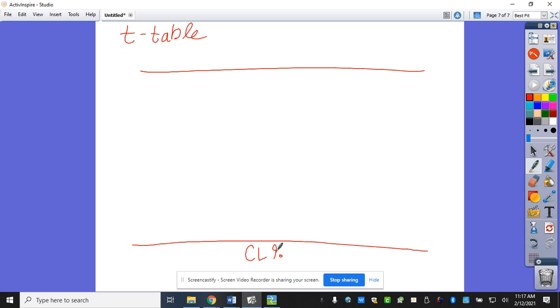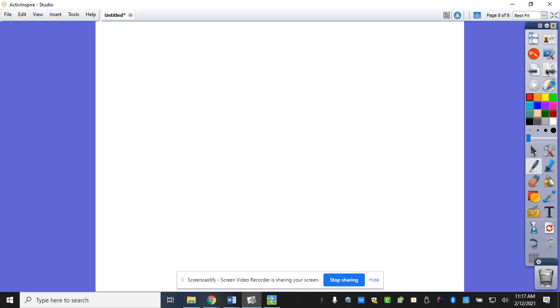So we're going to use the confidence level part. And over here on the left, we've got this thing that says DF. DF is degrees of freedom. And I will talk more about that later.